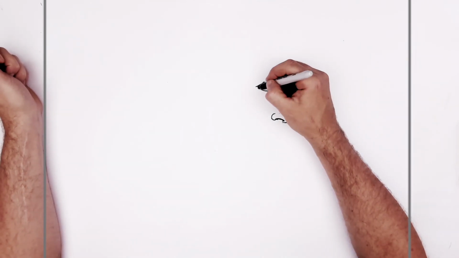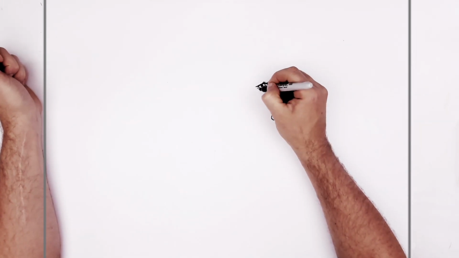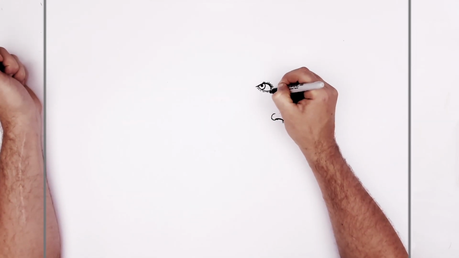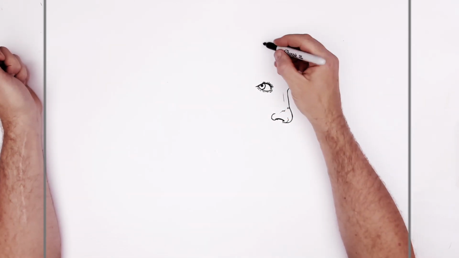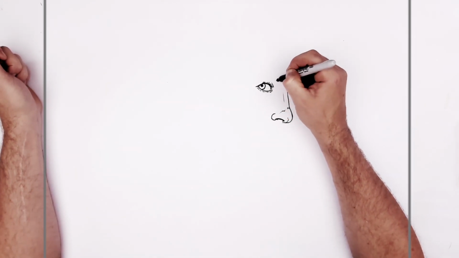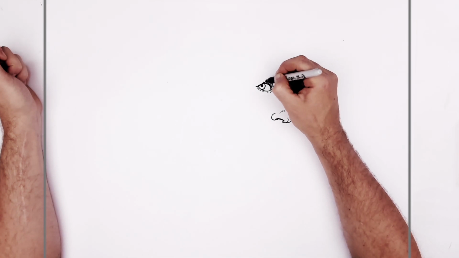So his bottom eyelash lines as well, so just dots and dashes and stuff here, coming off his eye. And then we have an eyelid line coming around the eye here.